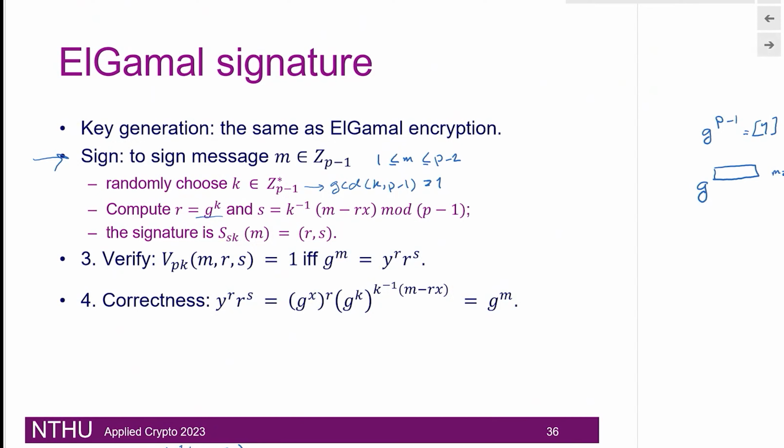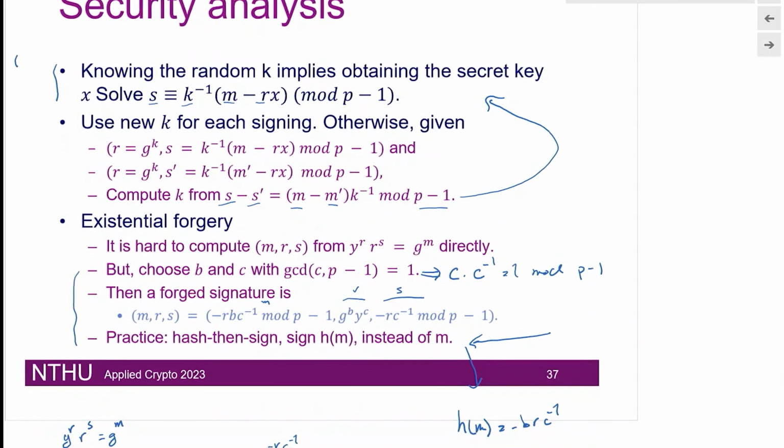Right. So I hope that I brought up these topics instead of the security proof. I think these are way more important for you to learn, especially for this applied crypto course.